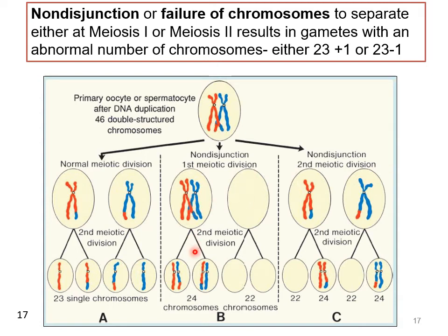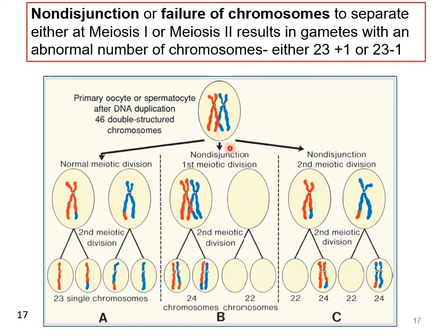Now the second meiotic division actually occurred normally, but this one has an extra, so they split and went to the two daughter cells. In effect the final two gametes got an extra chromosome, n plus 1, whereas these continue to divide with one less chromosome, so they were 22. I'm giving you an example of, say, the chromosome 15 pair happening like that, so the total number would be extra or less.